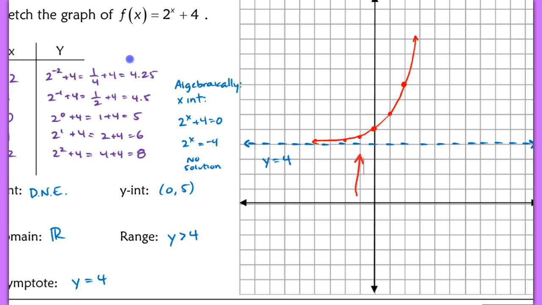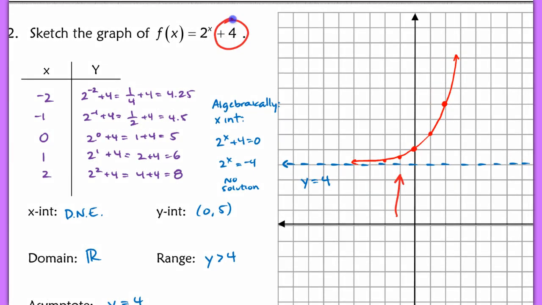And that's because we're accounting for the fact that everything has been shifted vertically up 4 units. So remember how our old point was at 0, 1? Well, now that new y-intercept is actually at 0, 5. And you can see that too when we plugged into our function here, 2 to the 0 plus 4 ended up giving me 5, when we plugged in x equals 0.